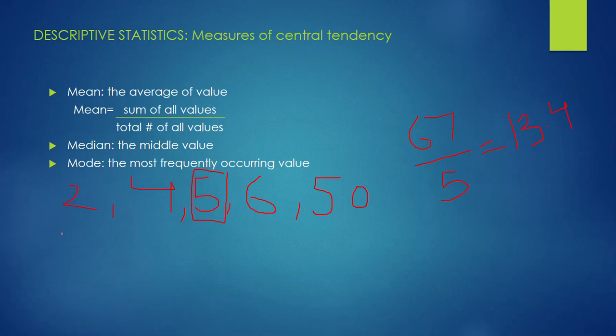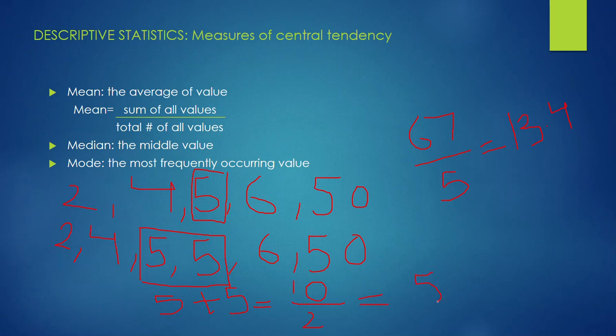But let's take another example. Say we have another 5 here. Now we don't have any middle value. In this case, we would take the two numbers from the middle, add them, and divide by 2.